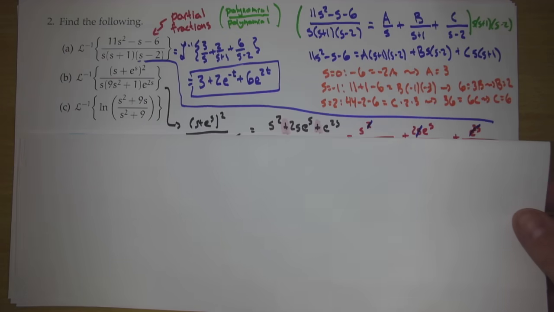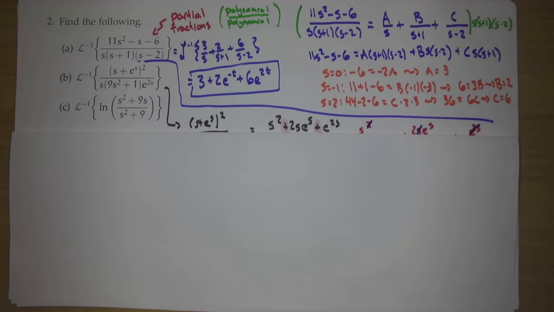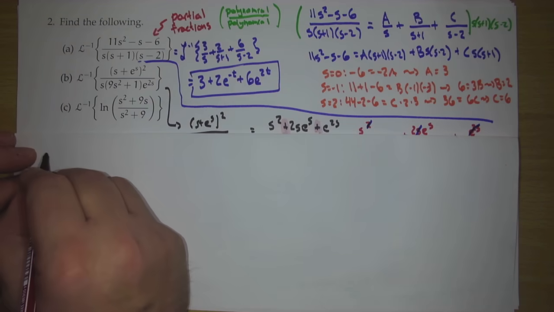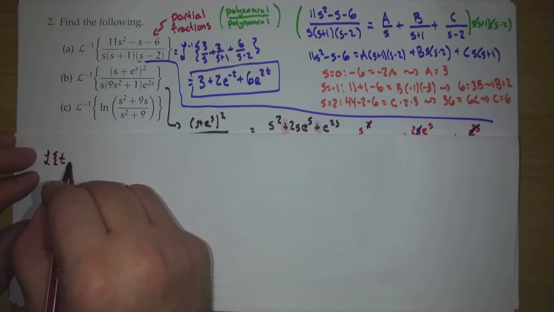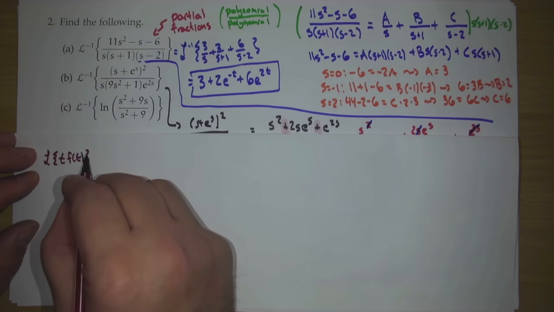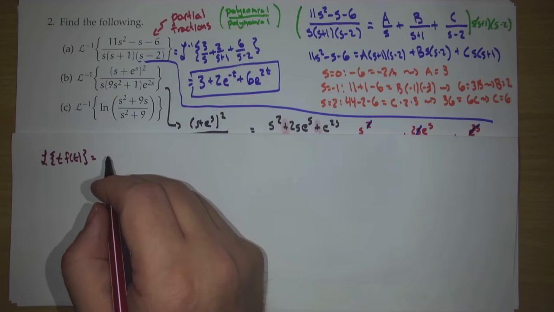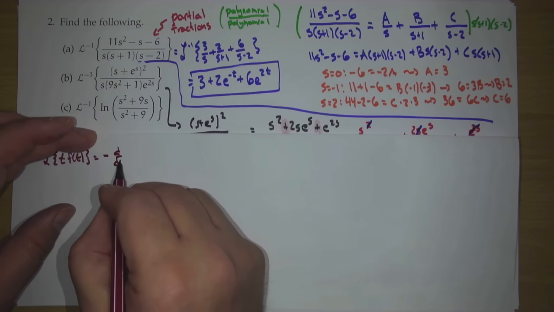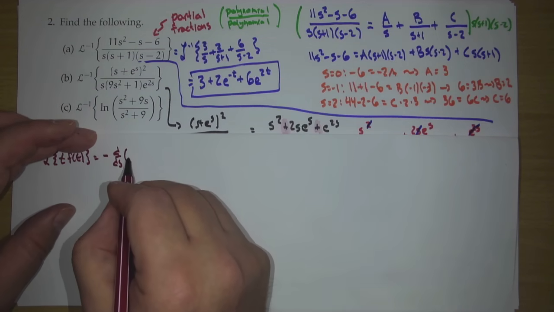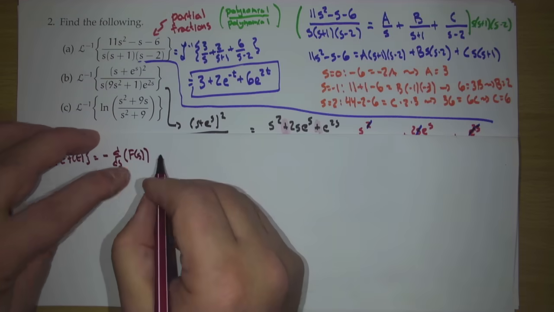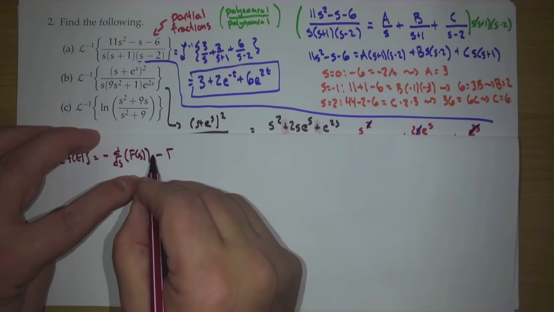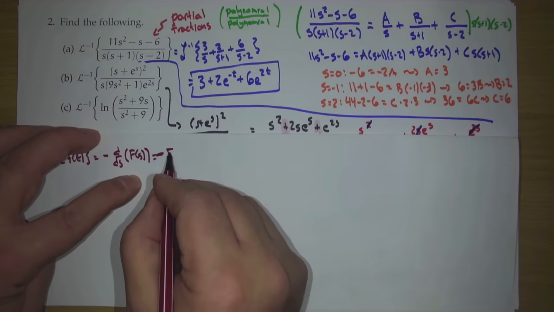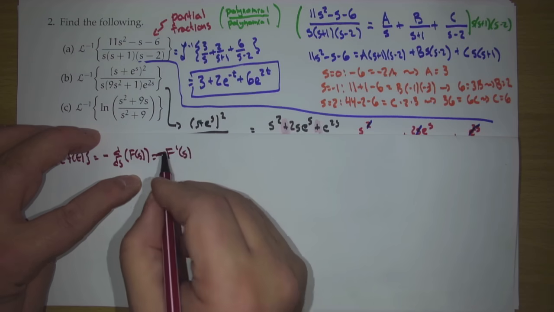If we have this rule written down in terms of the Laplace transform, the Laplace transform of t f of t is equal to, and I'm just copying from my page here, minus the derivative of F of s. Or if you like, it equals minus F prime of s.